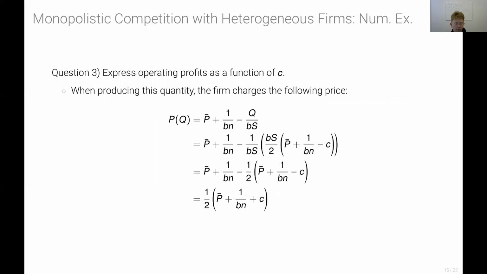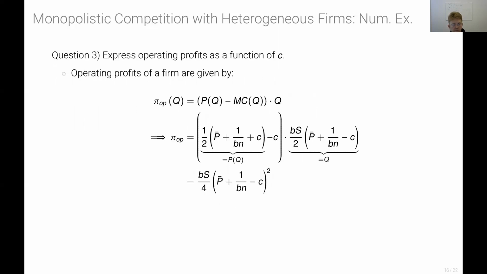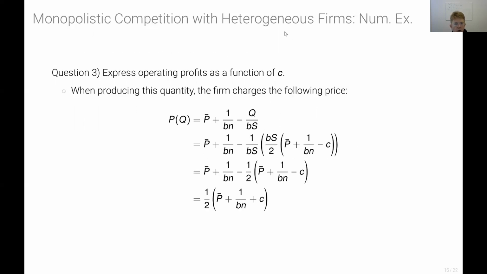And so what that will ultimately give us is half times P bar plus 1 over NB plus C. So there's a little bit of algebra to do here, but once you have Q from the marginal revenue equals marginal cost rule, you're just plugging it into price as a function of quantity to get the optimal price that a heterogeneous monopolistic competitor is going to charge. Okay, and so now we have all of the ingredients to solve for what my operating profits are going to be.